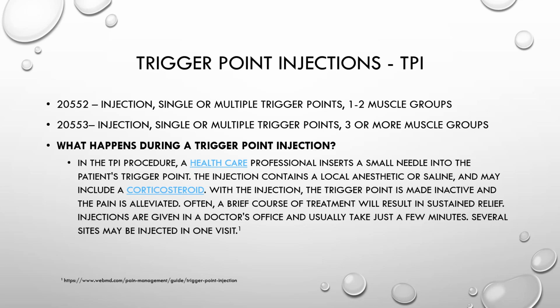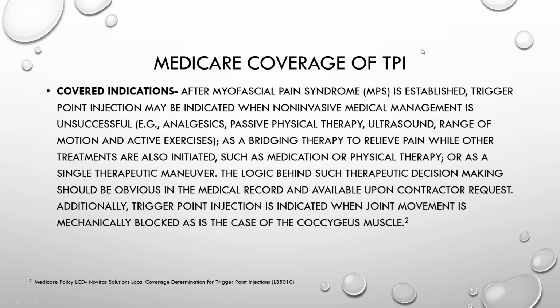It's almost like being able to manipulate a patient under anesthesia, except you don't have the dangers of a general anesthesia. So you're essentially deadening those areas in order to be able to deliver a better and more effective spinal manipulation. So trigger point injections are very, very commonly used in the multispecialty practice.